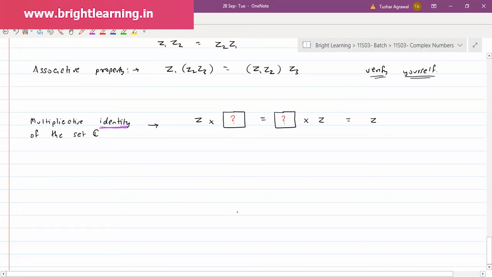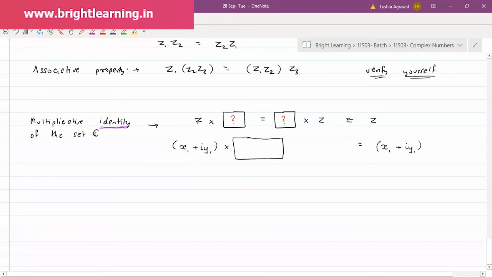Whatever complex number you pick, on multiplying by the red question mark, it should give me the same complex number which you have picked up. So if my original complex number is x1 plus I y1, you have to find some complex number which should give me the same answer, x1 plus I y1. So which is that complex number?